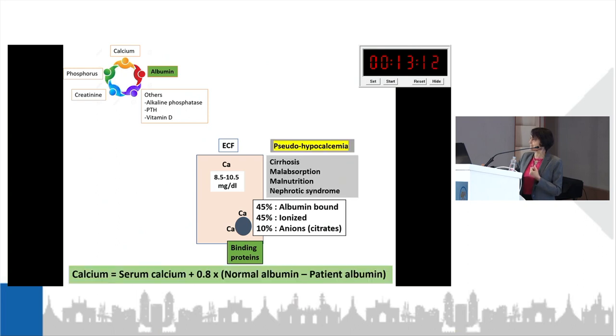The classic example is a seemingly low calcium that is a state of pseudo-hypocalcemia, which emerges because of the loss of binding protein, from a patient with cirrhosis, malabsorption, or nephrotic syndrome.